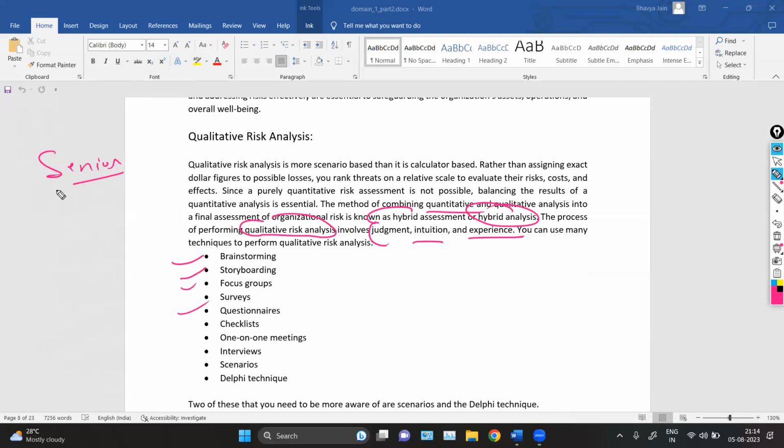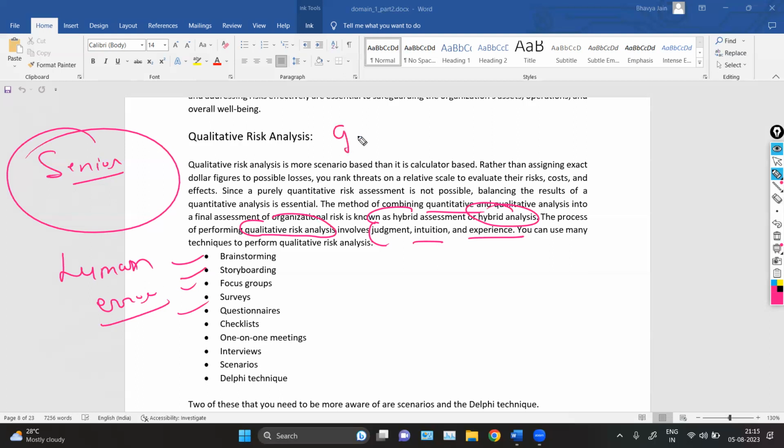By mistake, he did something which causes an error in the financial database. He's in the senior position and well trained, but he made a human error in the financial logs. Here we cannot fit the quantitative analysis because we cannot assign any dollar value.